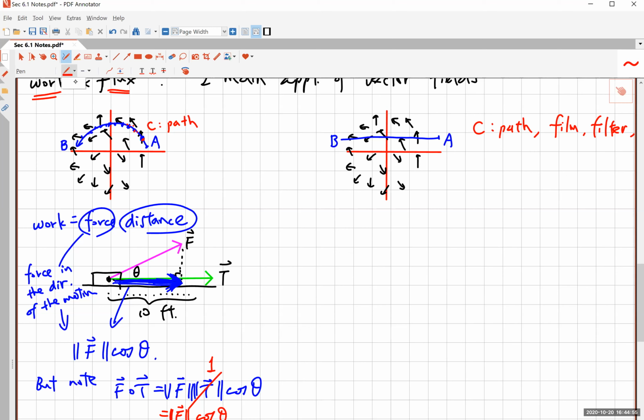Like for instance, if this vector field, these arrows, represent the flow of a fluid, you can see clearly that it's going across here, going across here, going across here. Over here, it's going the other way. Over here, it's going, but slightly. If the flow is parallel to the path AB, then nothing is flowing across from this side to this side, right?